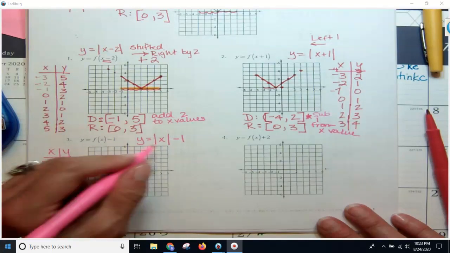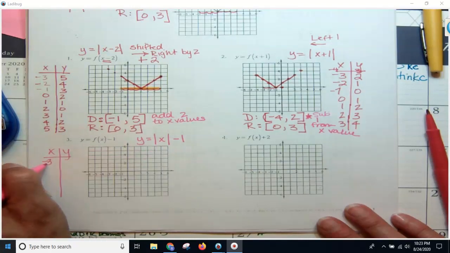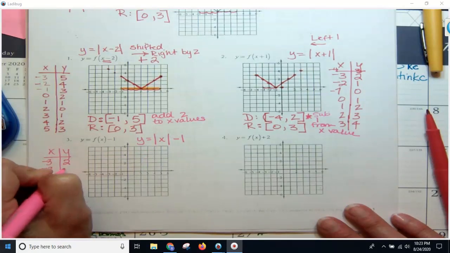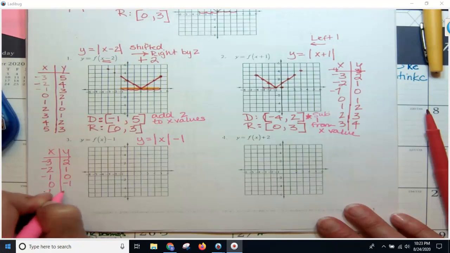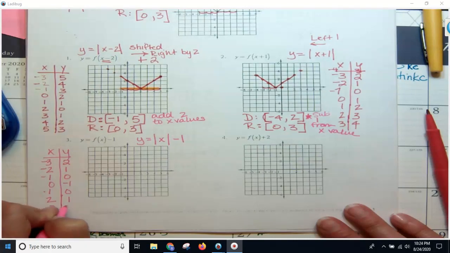Well, the absolute value of -3 is 3, minus 1 is going to give you 2. -2 is going to give me 1. -1 is going to give me 0. 0 is going to give me -1. 1 gives me 1 minus 1 is 0. Then 2, 1, 3, 2.